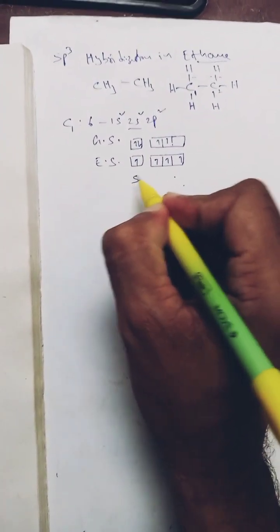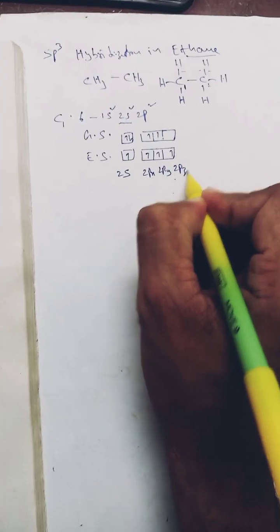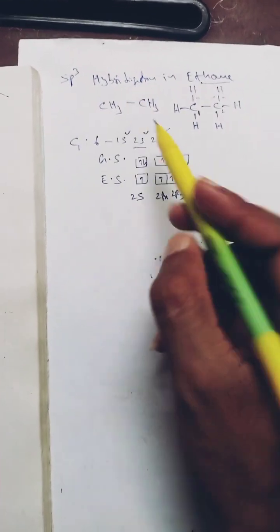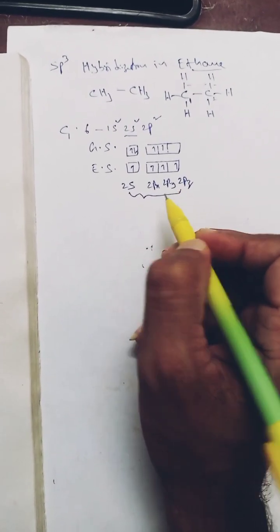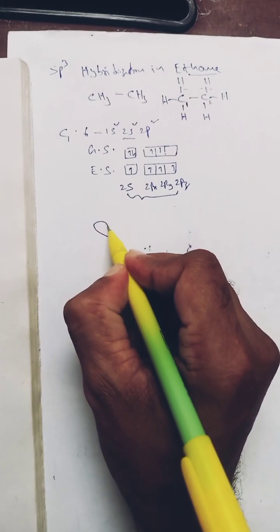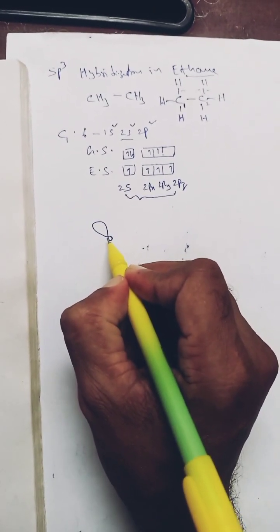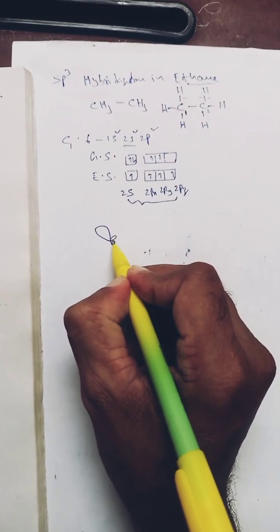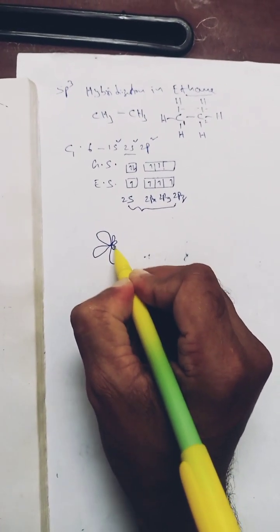This is the 2s orbital, 2px, 2py, 2pz orbitals. Now in sp3 hybridization, this s orbital and 3 p orbitals combine together to form 4 new sp3 hybrid orbitals, and they are arranged in space like this.